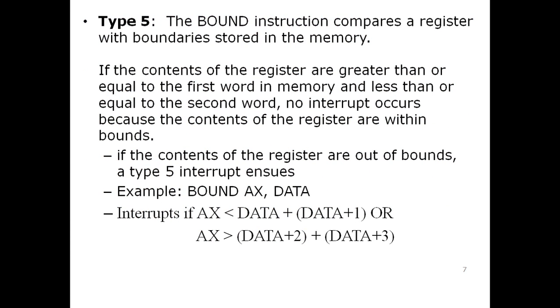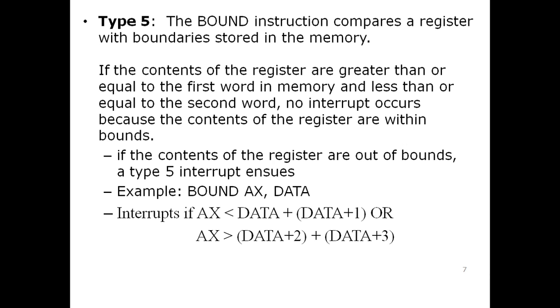Similarly, type 5, which is the final interrupt type common in all of the microprocessors, is the BOUND instruction. It compares a register with boundaries of values defined in the memory.